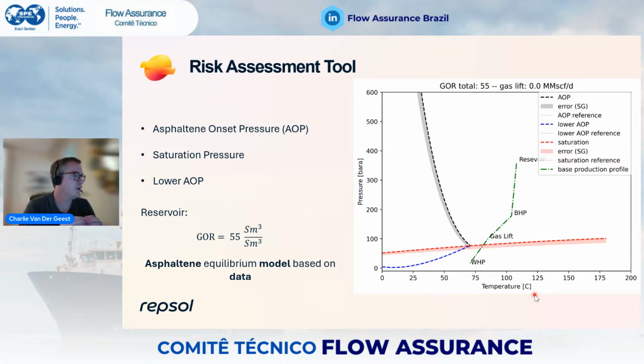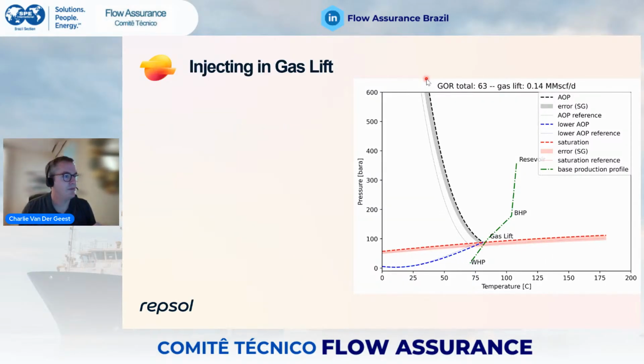And then once you have the model, you can predict this. What it does is you can either change the gas lift, by increasing the gas lift flow rate, or you can increase the GOR, and that's basically it. So this is what happens.